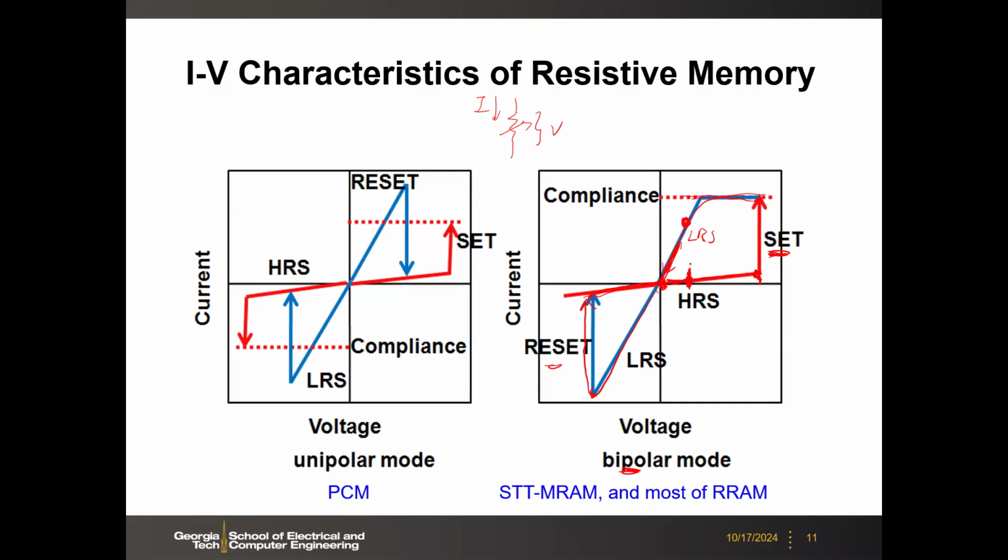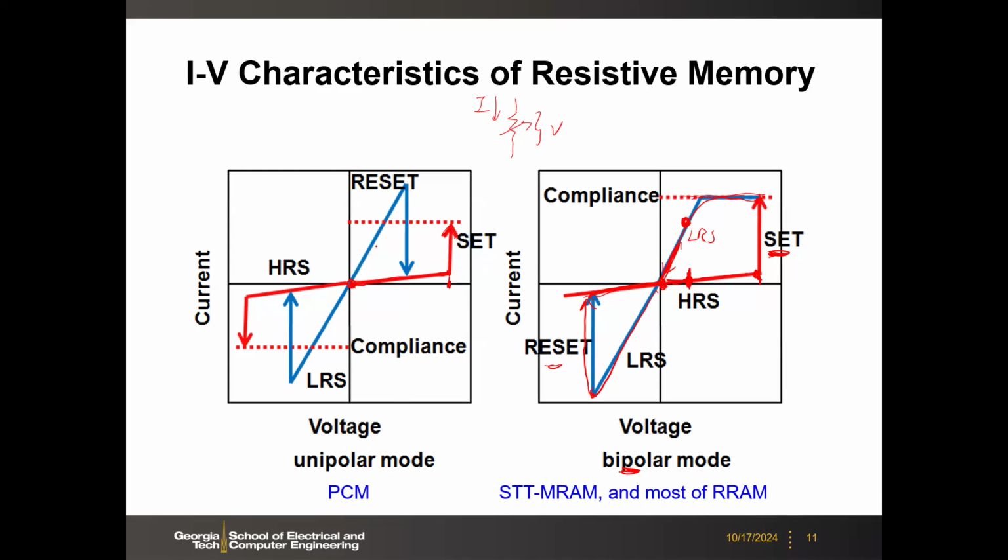So unipolar means you're going to only apply the single polarity to set and reset. For example, here, if you only work on the positive side, this happens to the phase change memory. So here, if you start with the high state, you can turn on by this voltage.